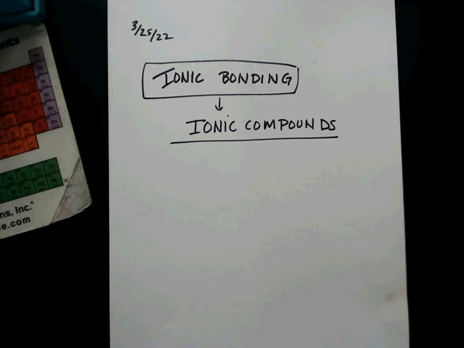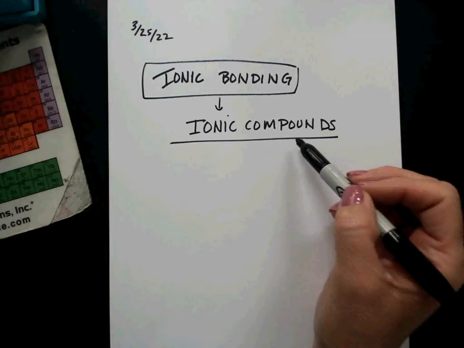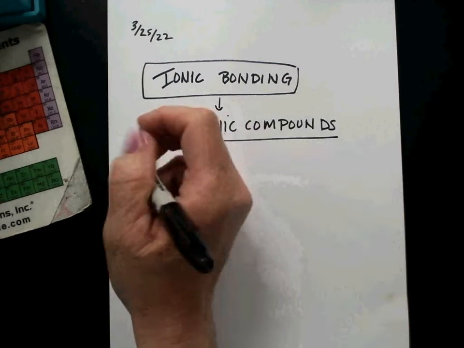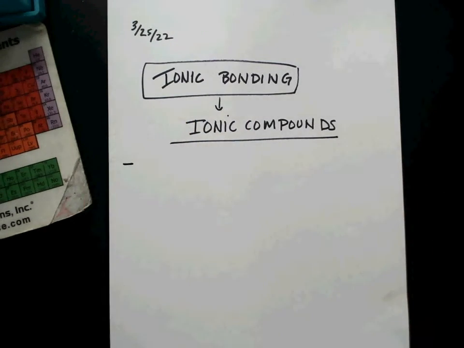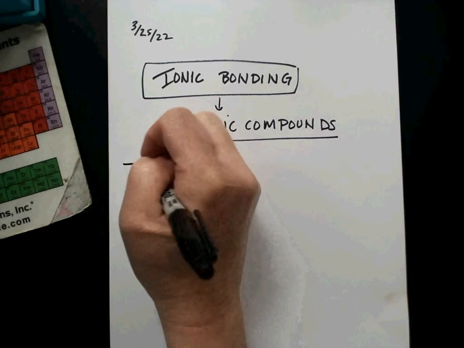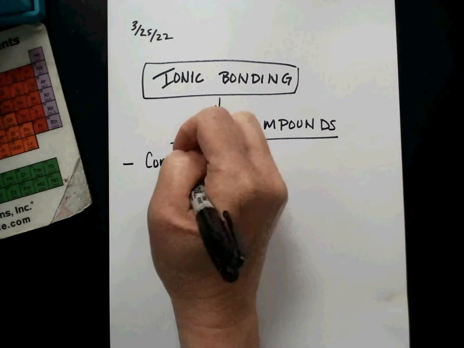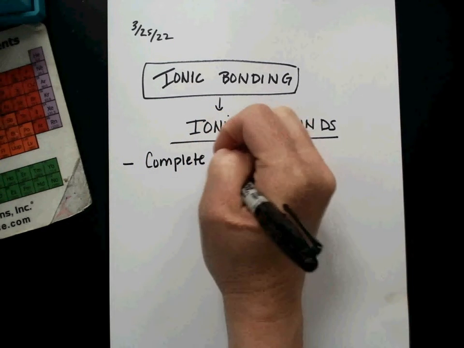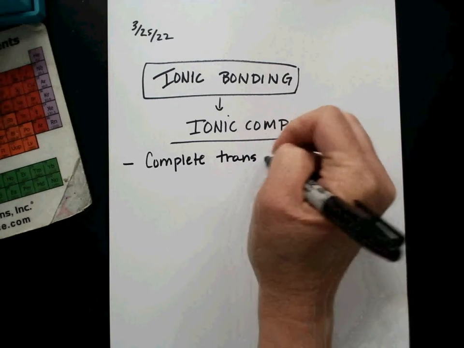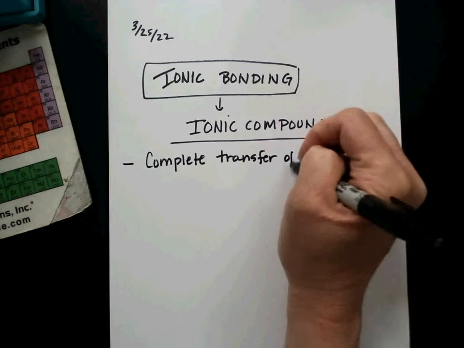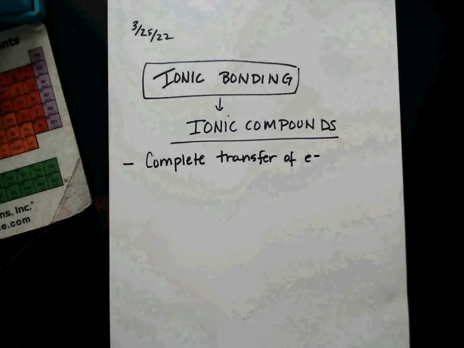Okay, so ionic bonding leads to ionic compounds. If I have an ionic compound, there are some things we have to remember. There's a complete transfer of electrons. We talked about that yesterday.